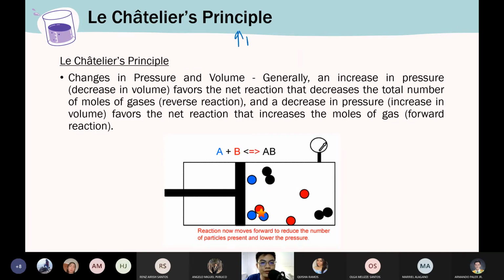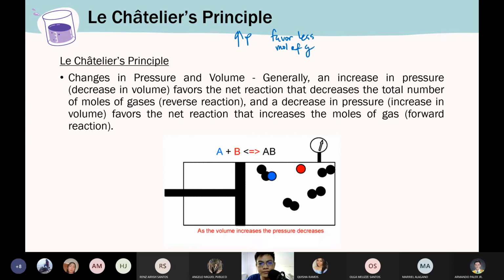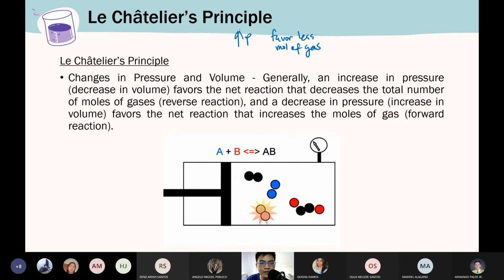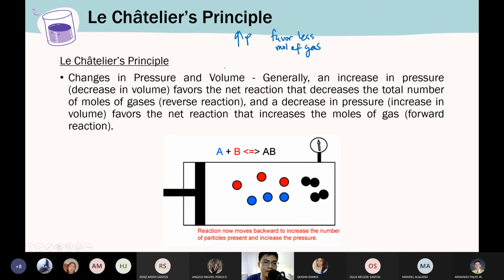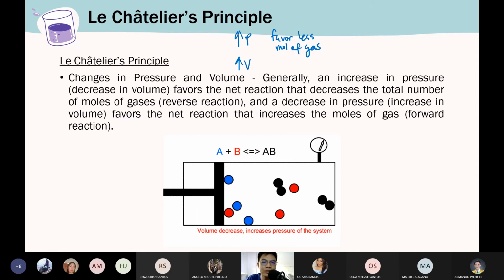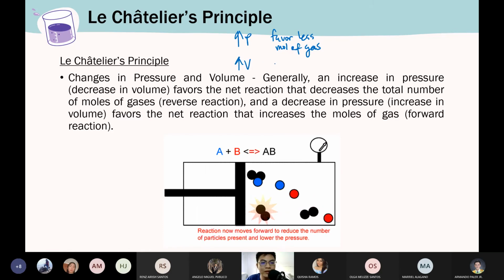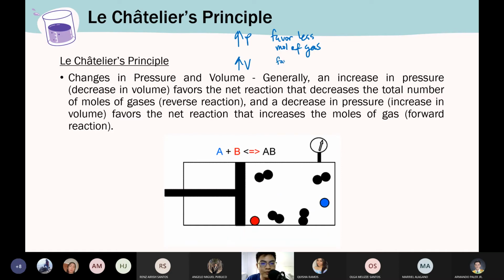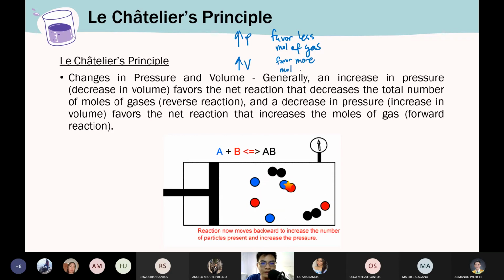So, increase in pressure will favor less mole of gas. When you increase the volume, it will do the same. It will favor, baliktad pala, it will favor more mole of gas.